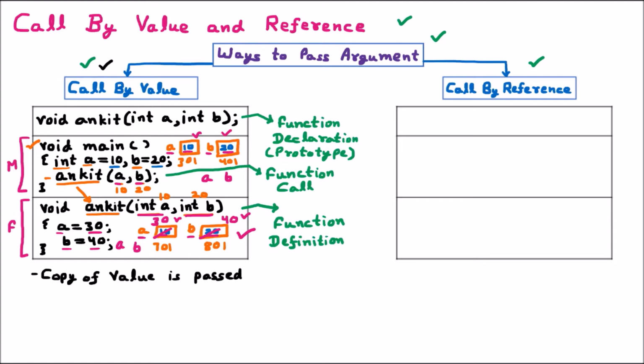There is one more thing to understand. Whenever we are in the calling program and we are passing the parameters, here A and B we are passing. So in the calling program, these parameters are called actual parameters. So here inside the main, which is the calling program, A and B are the actual parameters, means these are the actual which we are passing.